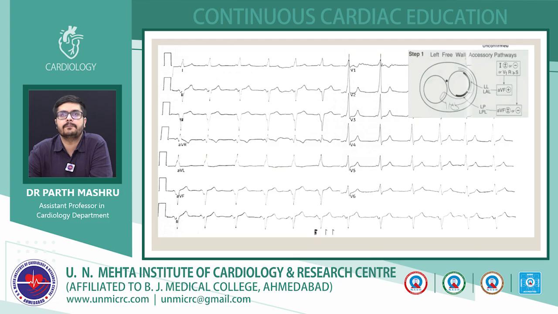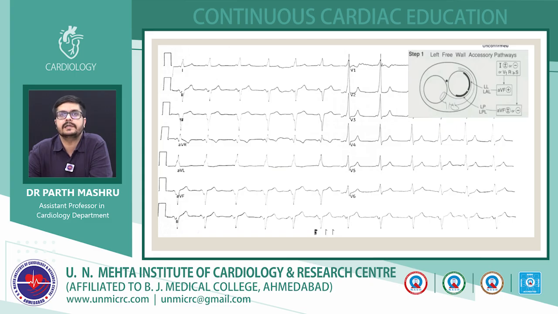Again, if we apply the Arruda algorithm in this case, you can see whether there is positivity in lead 1 or not. No, there is no positivity in lead 1. And what about V1? Yes, in V1 R is more than S, so you can move on to the next step. Look at aVF.